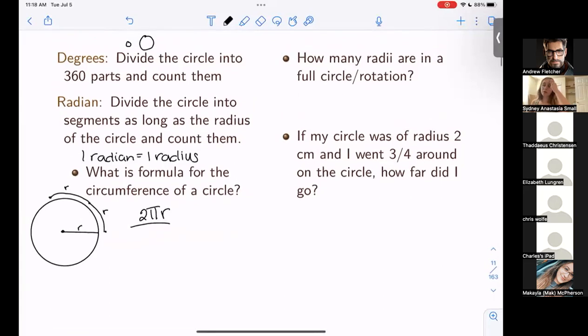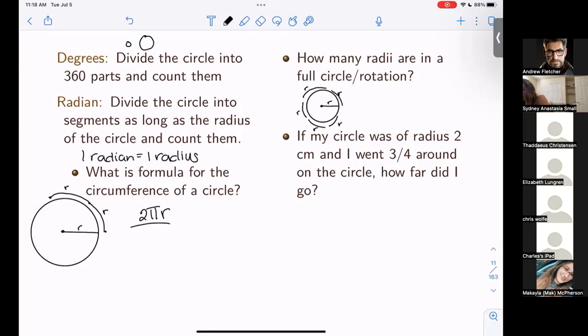Okay, well, how many radii are in a full circle rotation? So if we draw our little circle again, say it has a radius length r, and we start going around, how many of these little segments of length r are there?